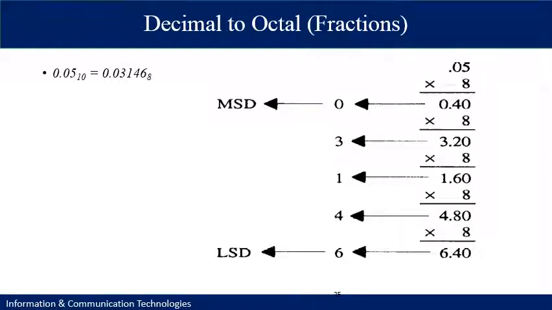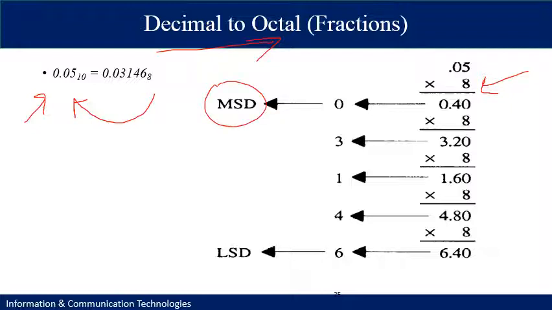However, if you want to convert the point values or fractions from decimal to octal, there is a slight modification. For fractions, you have to multiply with the base value you want to convert to. For example, if we want to convert 0.05 from base 10 to base 8, you multiply it with the new base and take the most significant digit.